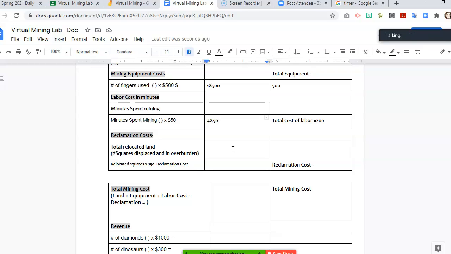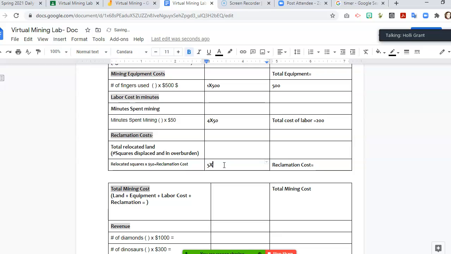Okay. So reclamation costs. So the total relocated land. Okay, so here's the thing. If you guys did all of square A, here's what I want you to do. Go down to the relocated squares and multiply that by 50. So if you had 5 squares left over and you couldn't put them in after I timed you for a minute, that's 5 that you couldn't reclaim.